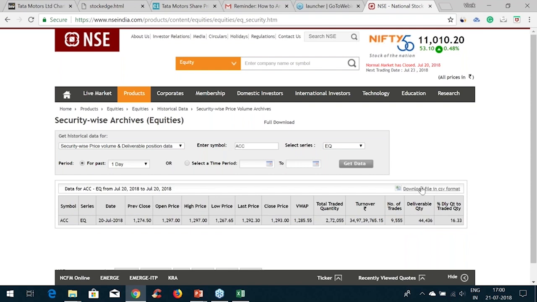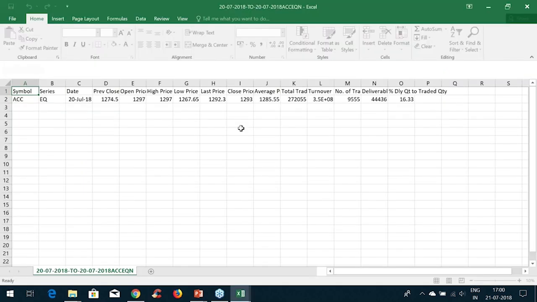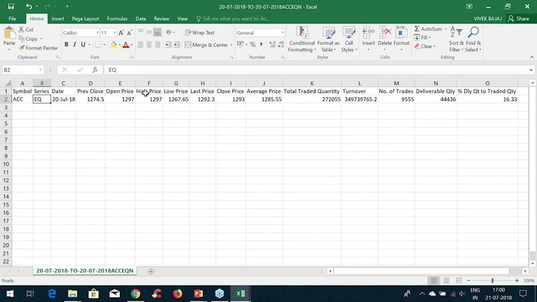You can click here to download the output in CSV format. I download it and open it. So this data has not just price and volume, but also the delivery quantity and the percentage of delivery to trade.